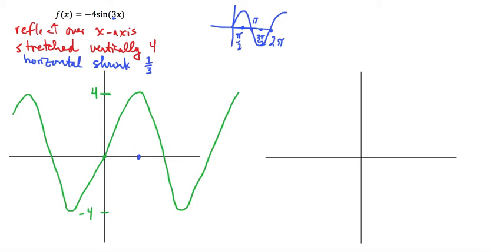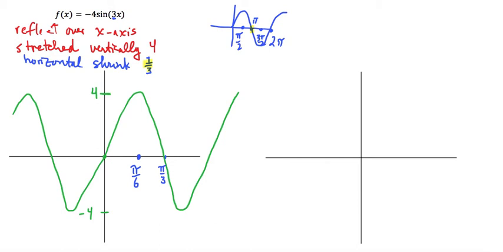So this max here will occur at pi/2 times 1/3, which is pi/6. The x-intercept here, which occurs at pi, we're going to multiply that by 1/3, and that will give us pi/3. The minimum here is 3 pi/2.